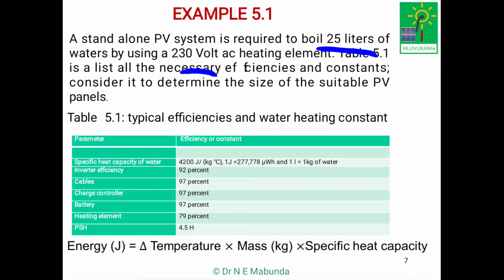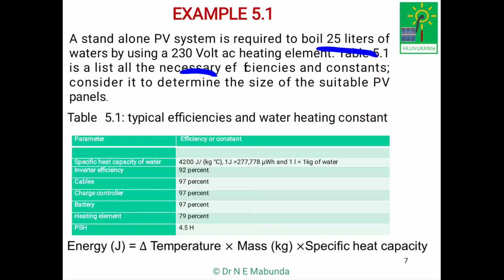So here we are given typical efficiency values for specific heat capacity. That is the constant that you use for water when you convert liters to the amount of energy required.